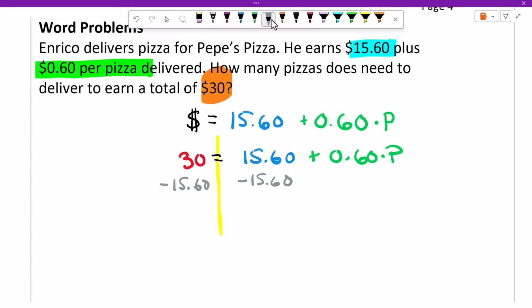So 15.60 on both sides, subtracting. You go 30 minus 15.60, what's that? 14.40. So you're left with 14.40 here. Those cancel out, and you're left with the 0.60p. Okay.